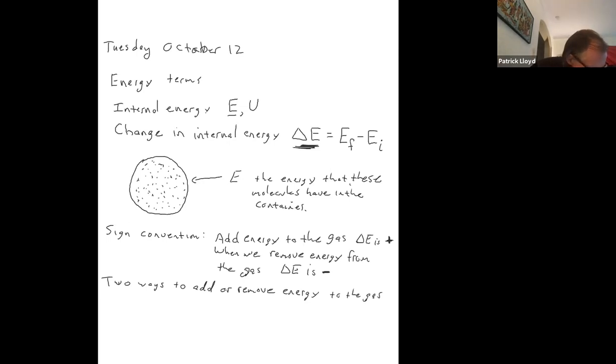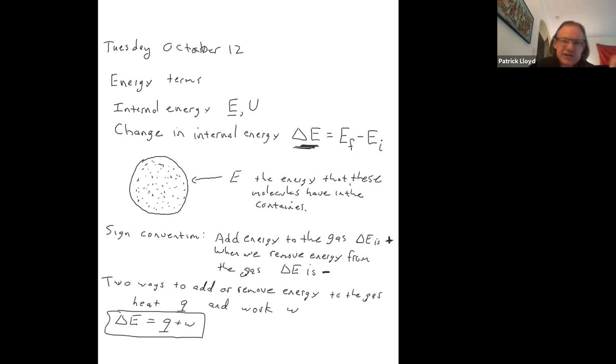And that is heat, which we call Q, and work, which we call W. We can put this into a very simple mathematical relation. What this says is the change in the internal energy of a system, where the system is the gas, is equal to the amount of heat added or removed from the gas plus the amount of work done on the gas or by the gas.